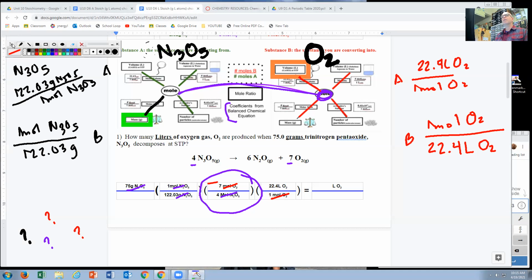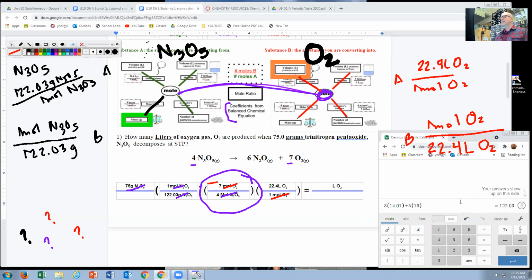So let's come on over and get this calculator and work it out. Let's put it in just like it looks. So we're going to have 75, and then we're going to have 3 sets of parentheses, right? 1, 2, 3. The first set of parentheses is going to be 1 over 122.03.